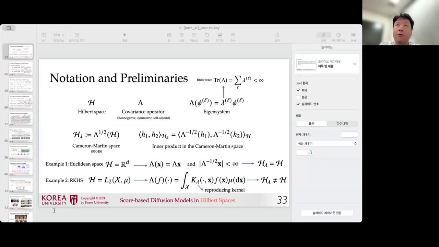But our model is targeting the proposal of score-based generative modeling using the time reversal theory, and I think that is the difference between this work and our work.